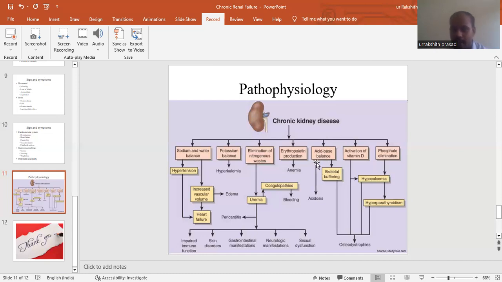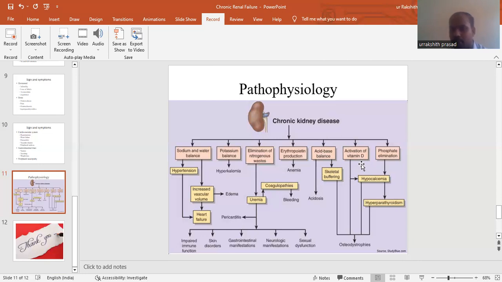In the acid-base balance, H plus ions and bicarbonate ions keep on reducing, so the patient may have acidosis. Then if it comes to the vitamin D level, it keeps on reducing.